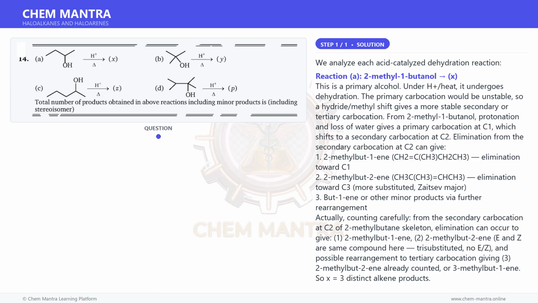No stereoisomers for either. So P equals 2. Sum X plus Y plus Z plus P equals 3 plus 1 plus 3 plus 2 equals 9. Therefore, the correct answer is X3, Y1, Z3, P2, sum 9.